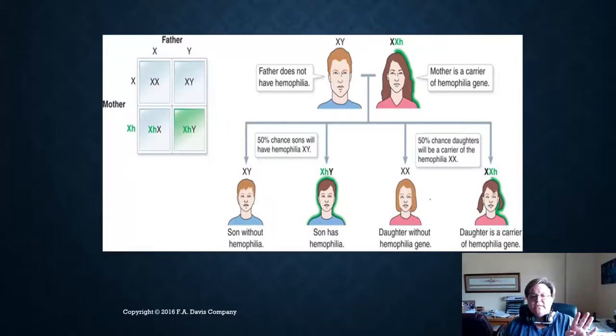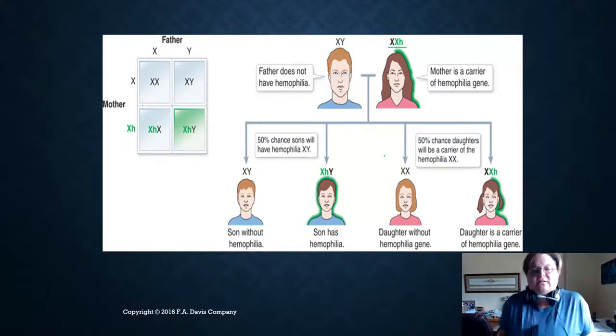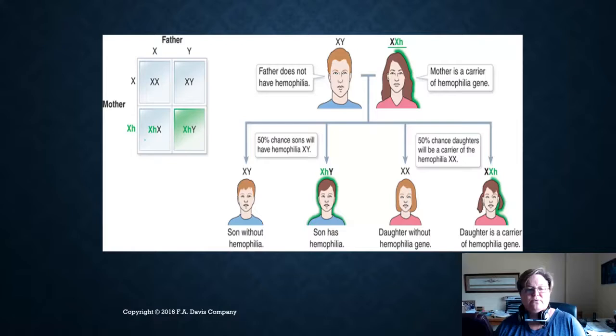So here's another example, hemophilia. Dad does not have hemophilia, but mom is a carrier of the gene. So we have this extra X-linked, and when you look at the Punnett square, you're going to see where that extra allele is coming across and where those percentages lie.